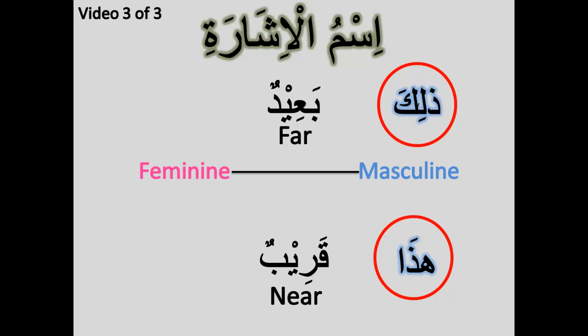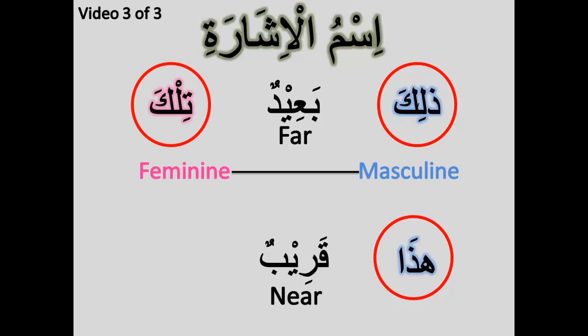So if any teacher should ask you why you use dhalika in your sentence, then your answer should be, number one, the object you are pointing towards is masculine, and also the object is ba'idun, it is far. If your teacher asks, why are you using hada in your sentences, which is written or spoken, your answer should be, first, number one, because the object you are demonstrating towards is masculine, and then secondly, it is qarib, it is near.